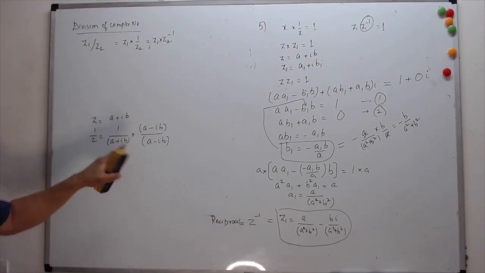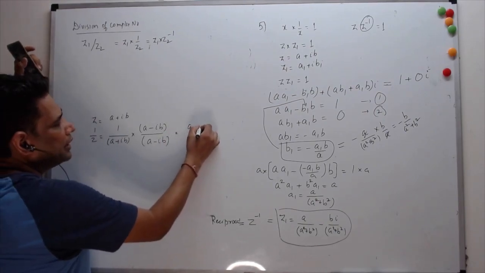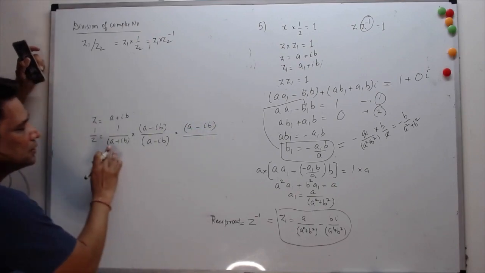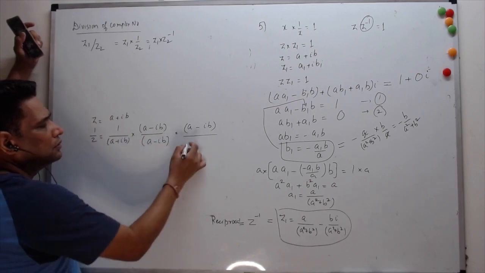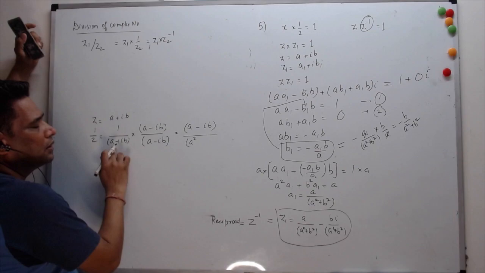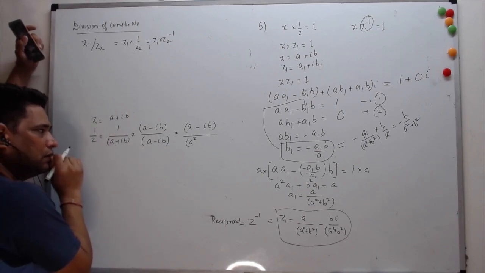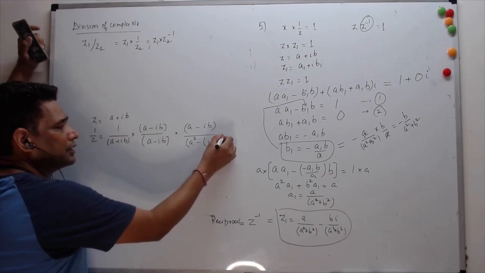You see the difference? In the numerator you get a minus I times b, and in the denominator, can you find the product of the two? A square minus I times b whole square, isn't it?